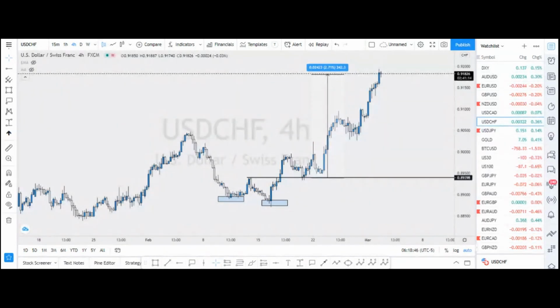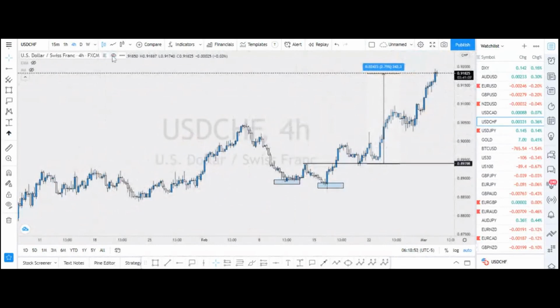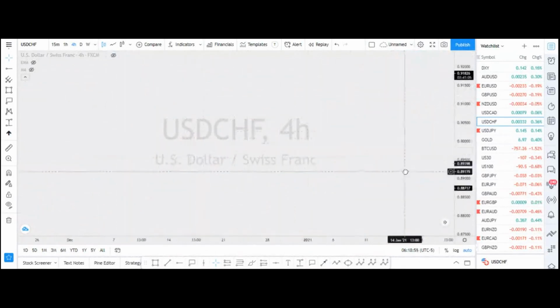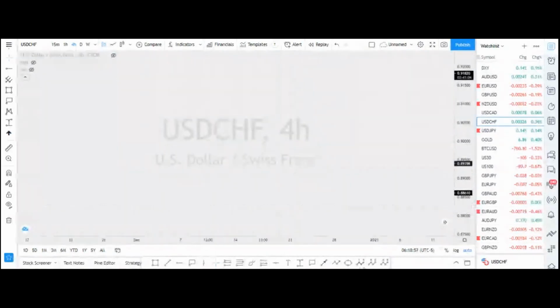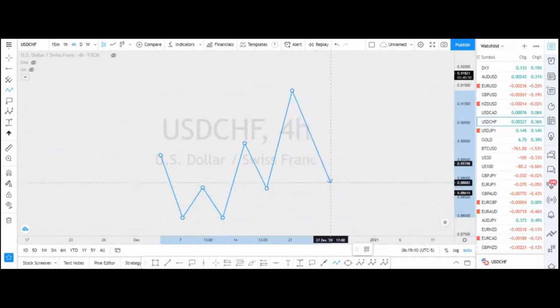Okay, so we said the double bottom is a chart pattern. Let me just hide all of this. So we said the double bottom is a chart pattern where we'll be looking for buying opportunities. So this is a double bottom.